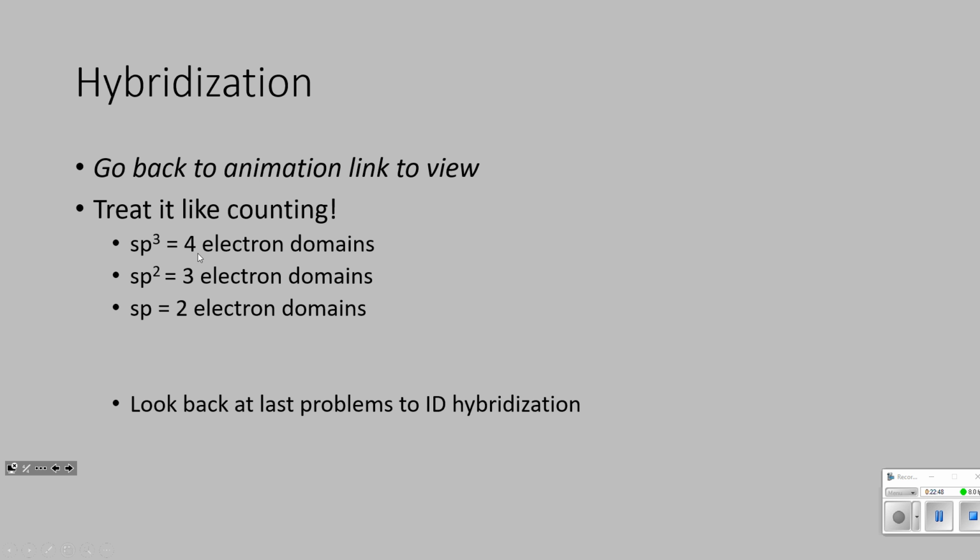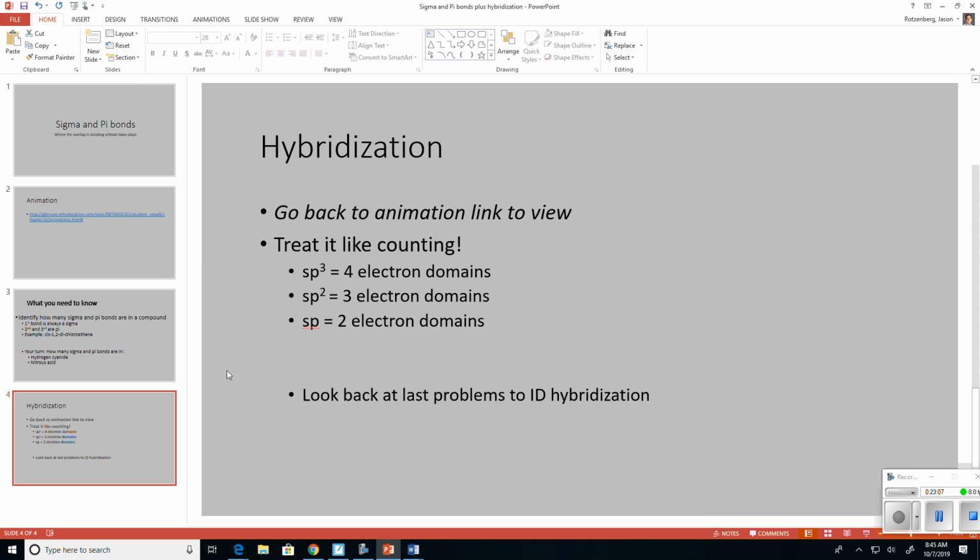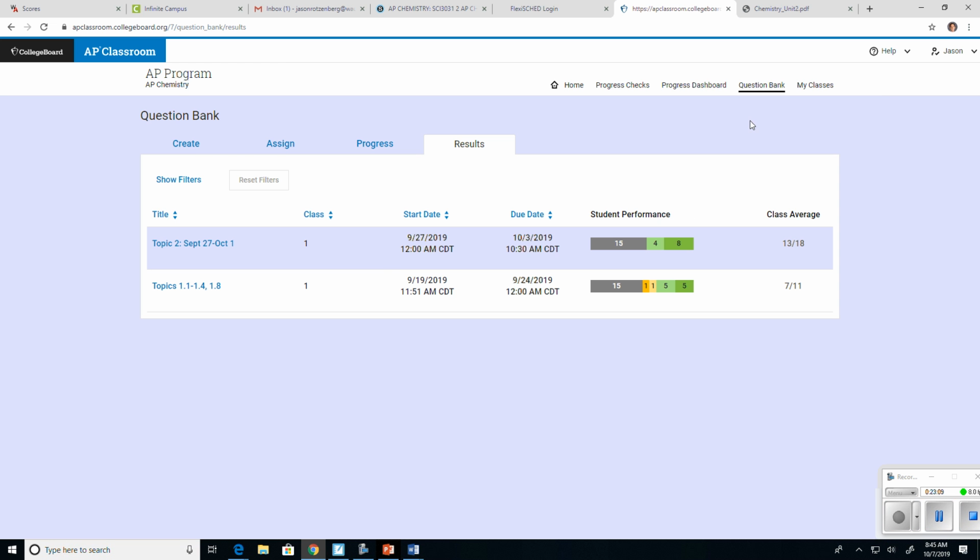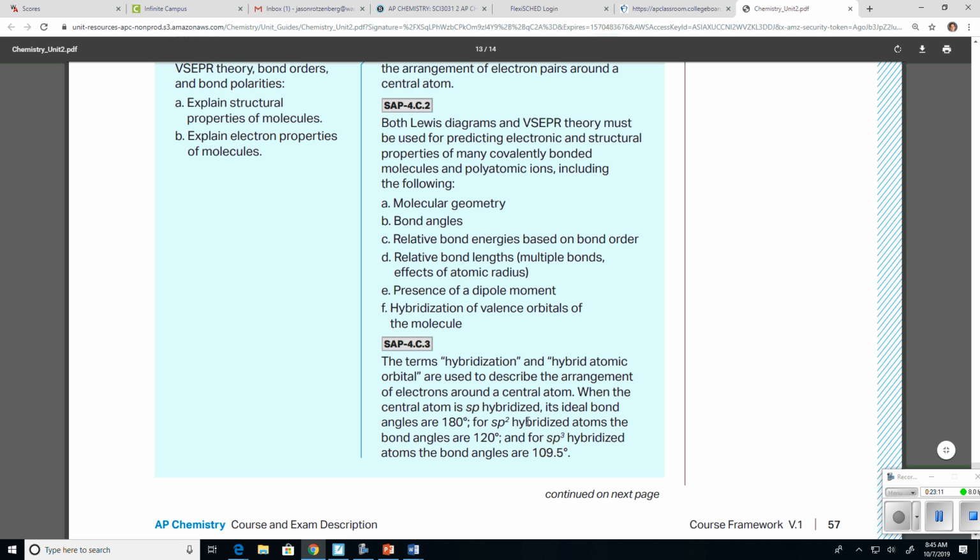Once you kind of either jot that down or think about that, I'd like you to go back to the drawings that we just did. And then you're going to identify the hybridization on those central atoms. Just like we can identify shape on central atoms, we can identify hybridization on central atoms. Because if I go back to our goal for the day, it even talks about ideal bond angles, sp hybridized, sp2, sp3.